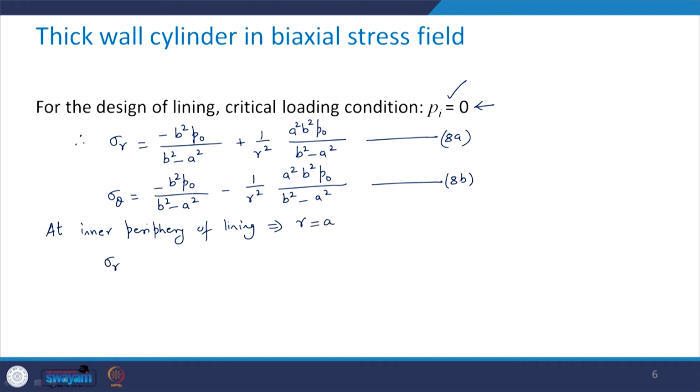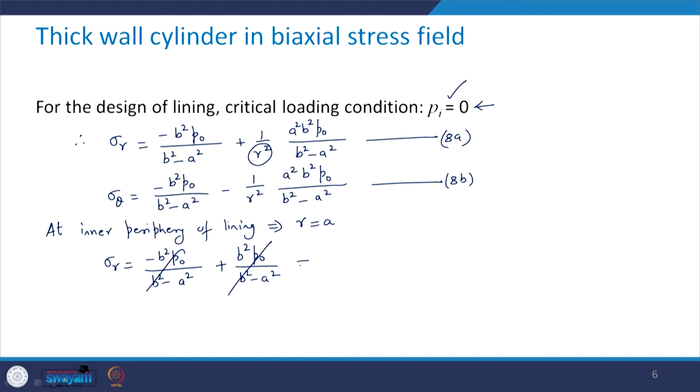Your sigma r will become equal to minus b square P naught upon (b square minus a square), and see here this a square, if you just substitute a square in place of r square, this will get cancelled out, and what you will get is b square P naught upon (b square minus a square).